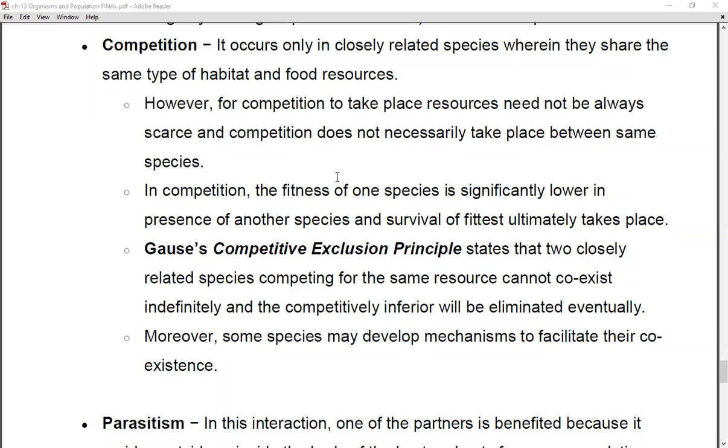Now, when closely related species live in one single habitat, amongst them one species is going to be strong, and the second species is going to have comparatively lower fitness, right? So one species is more fit and the second is less fit than the first.